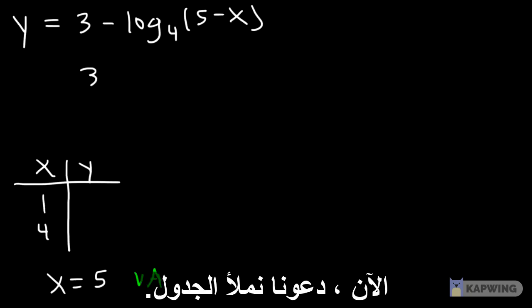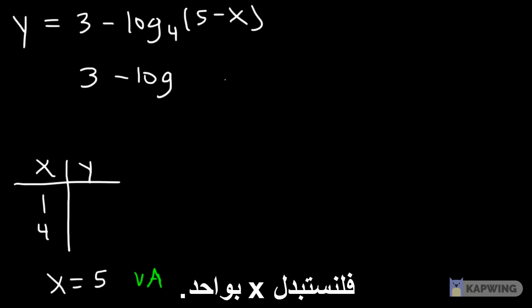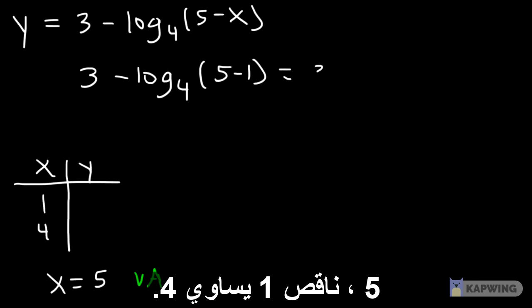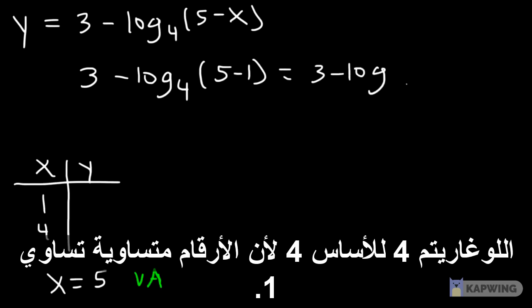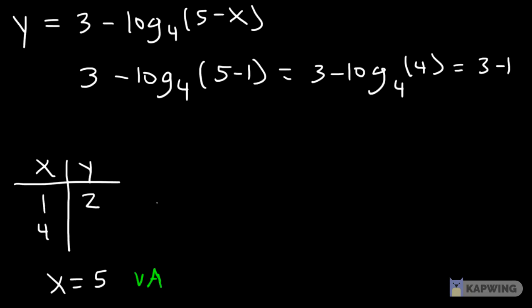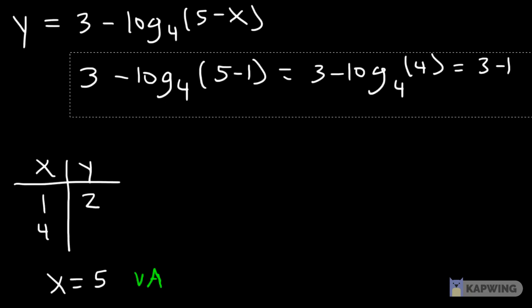Now let's fill in the table. So let's replace x with 1. 5 minus 1 is 4. Log base 4 of 4, because the numbers are the same, is equal to 1. So this is going to be 3 minus 1, which is 2. Now let's find the next point.